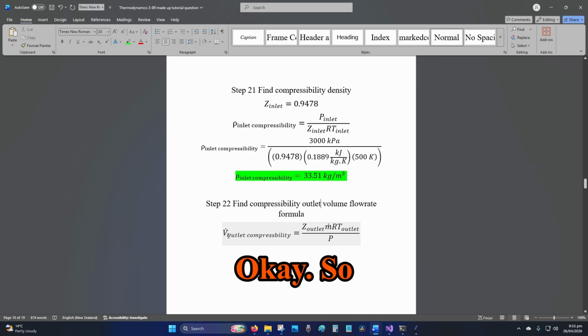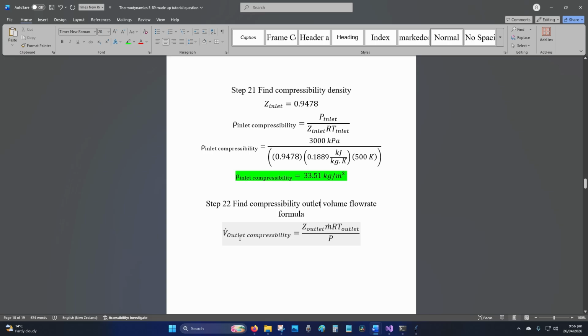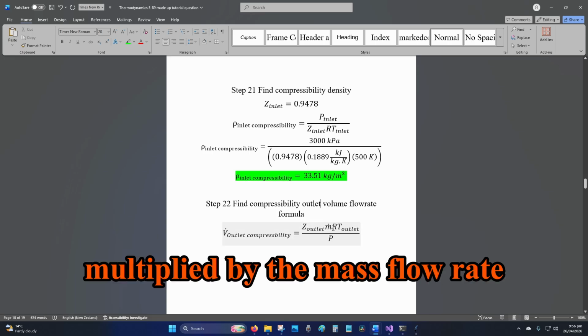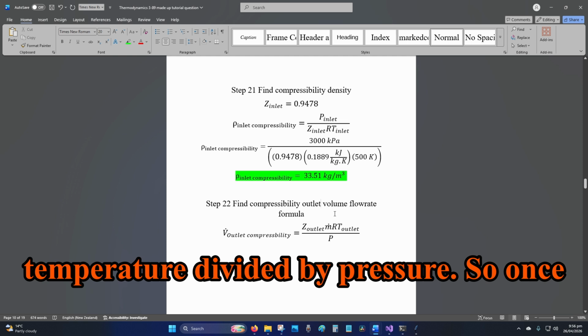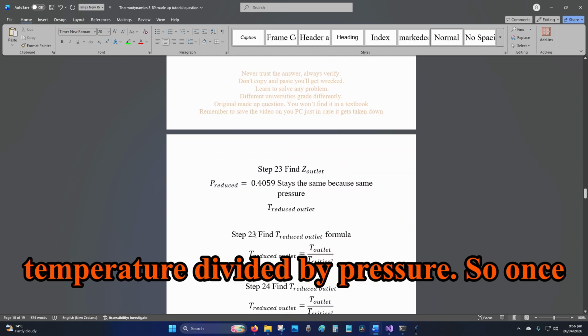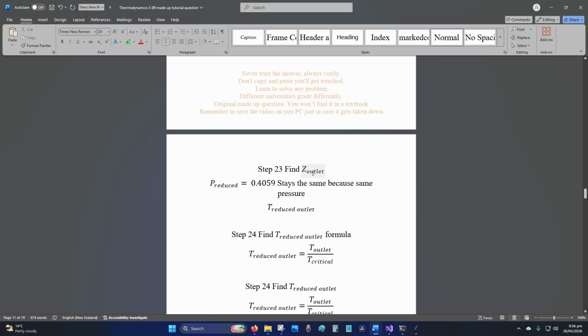Okay, so our volume flow rate, V dot, outlet compressibility is equal to the Z factor outlet multiplied by the mass flow rate multiplied by the gas constant multiplied by the outlet temperature divided by pressure. So once again, we find the outlet Z factor.